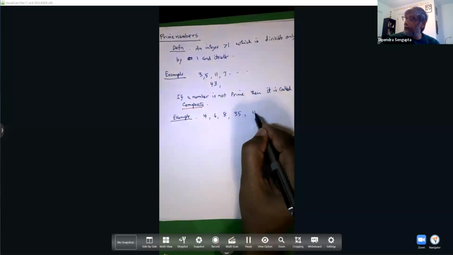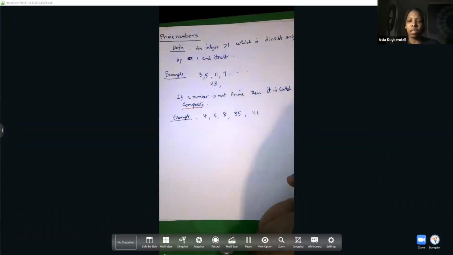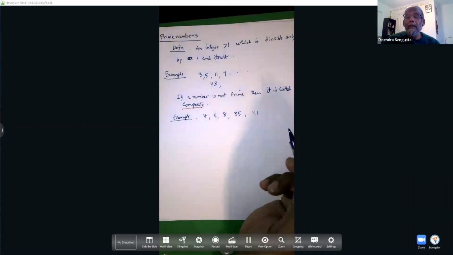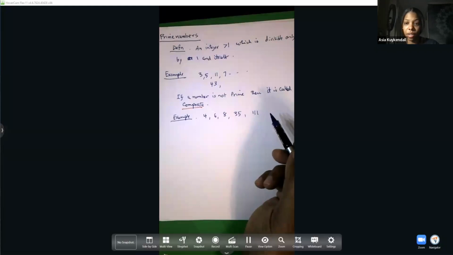Cover this one. I think that's a prime. I'm not positive about it. This is not an even number, so it is not divisible by 2, right? Let's divide by 3. Can I divide by 3?